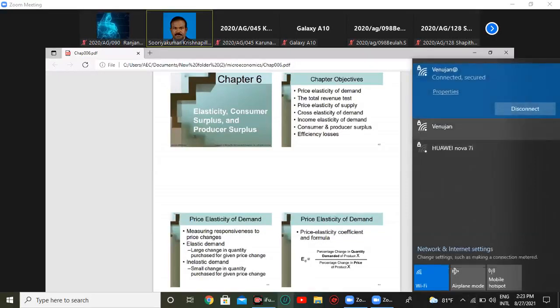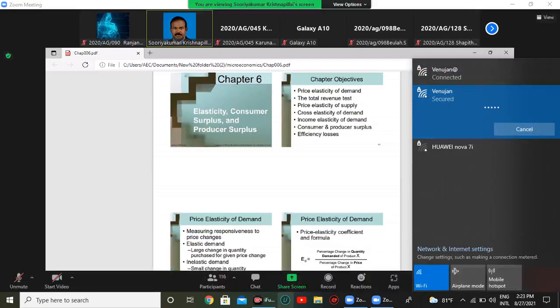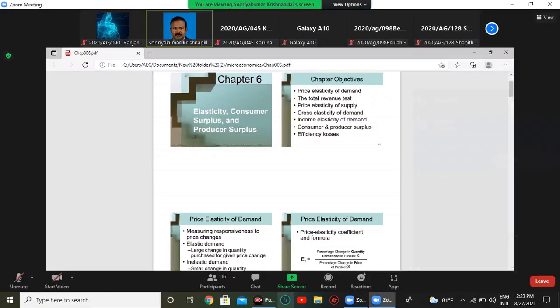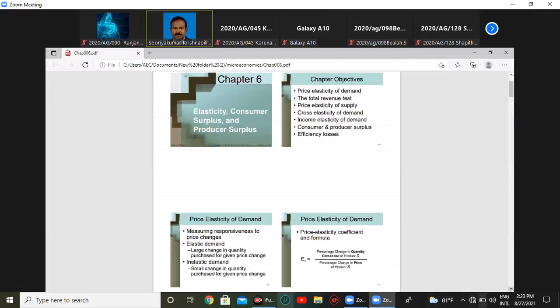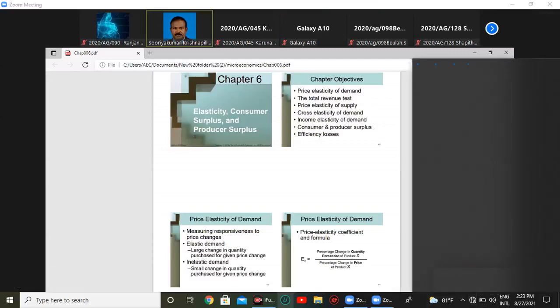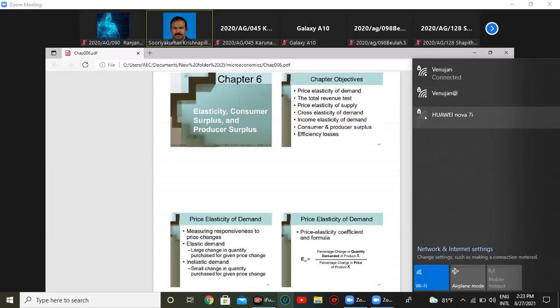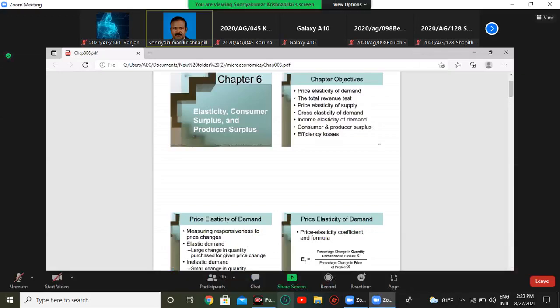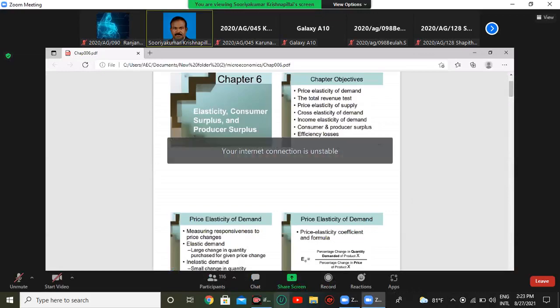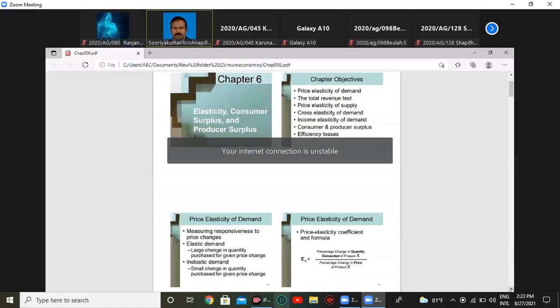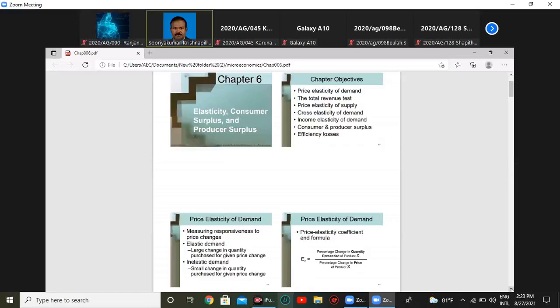But for the price decrease from 5 to 4, quantity increases from 10 to 20.